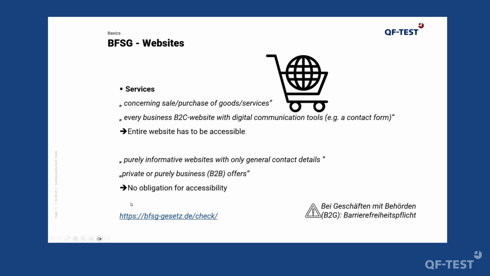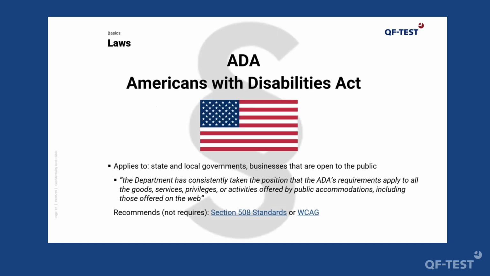There's a fun little website you can use to check if your company has to follow the BFSG. But you can take the concepts of the BFSG and basically apply them to most other EU member states, because they all relate to the European Accessibility Act and have the same or mostly the same requirements.